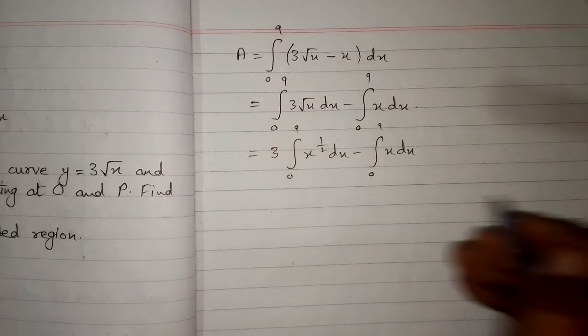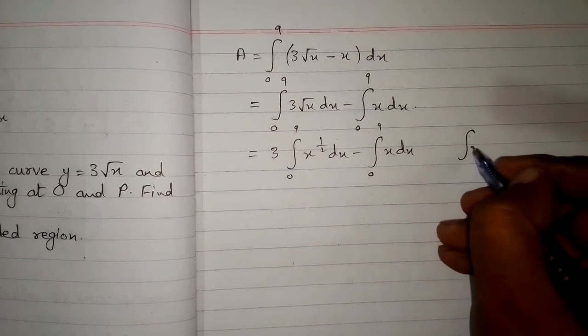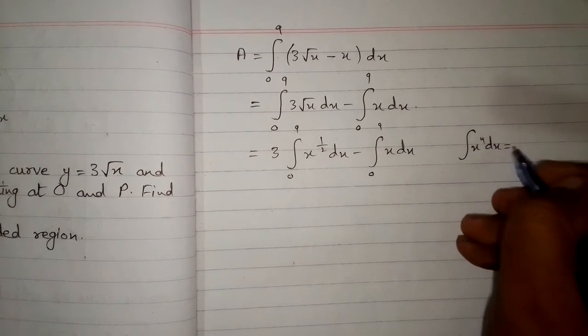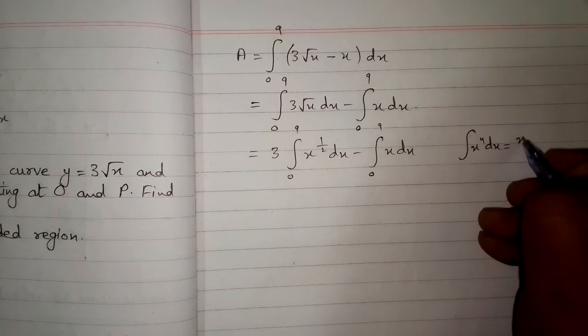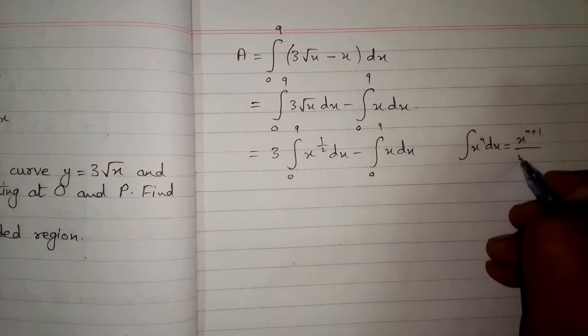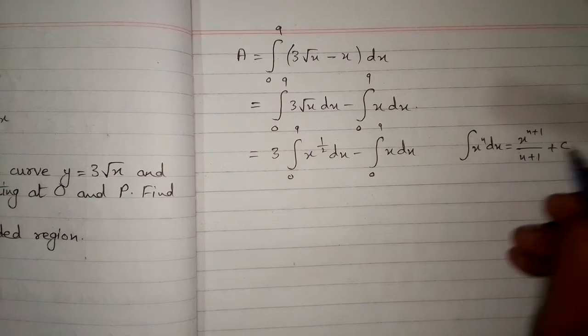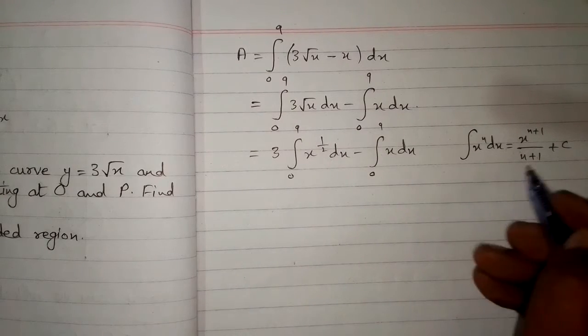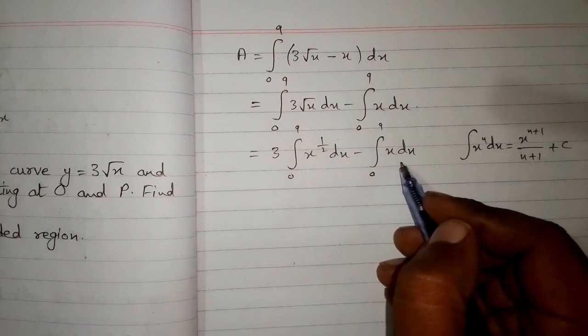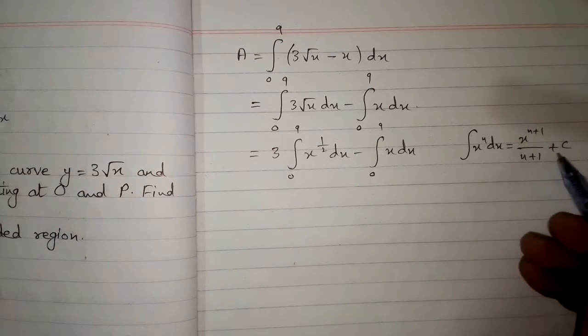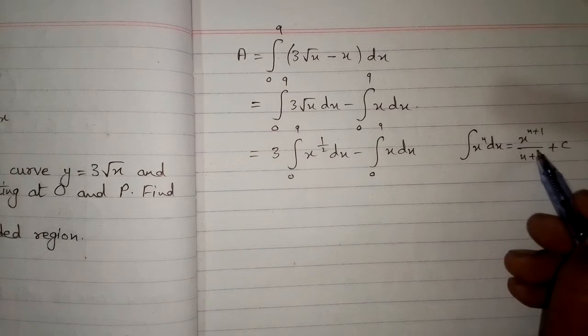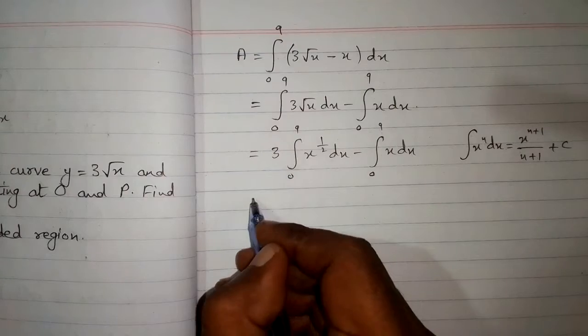Now we use the formula of integration, which is integral of x to the power n dx is equal to x to the power n plus 1 upon n plus 1 plus c, where c is the constant of integration, but we are doing definite integration because there are limits, so we will not write this c, and only we will apply this formula.